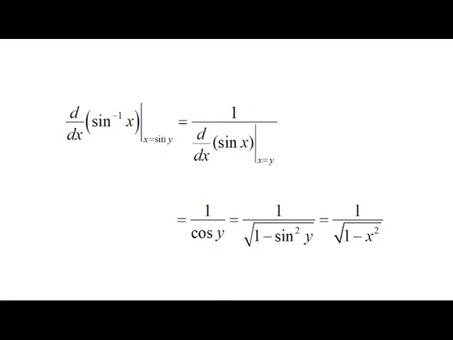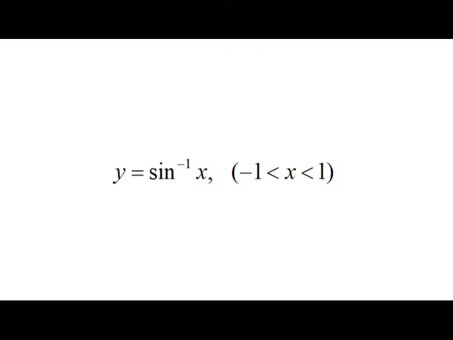As an alternative method, we are going to obtain the derivative of the inverse sine function y equal to sin inverse of x with minus 1 less than x less than 1 by writing it as sin y equal to x and differentiating implicitly with respect to x as follows.